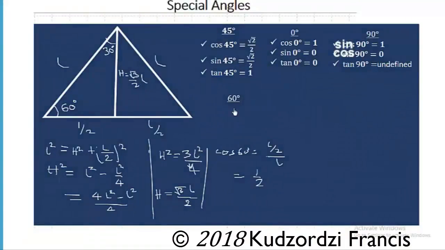So we find cos 60 to be equal to 1 over 2.